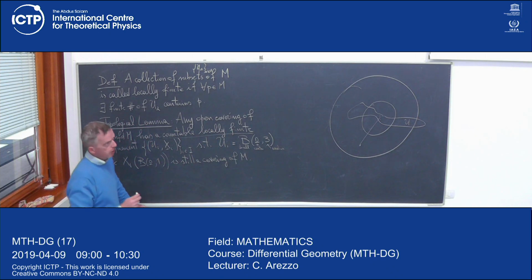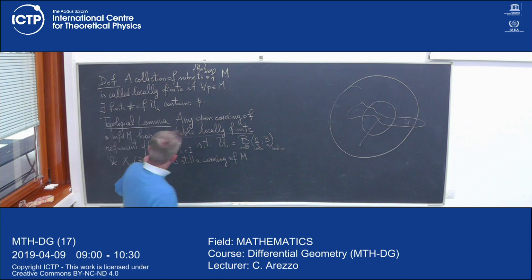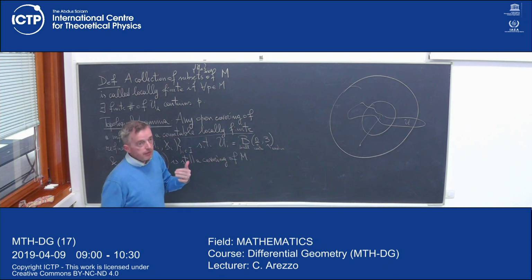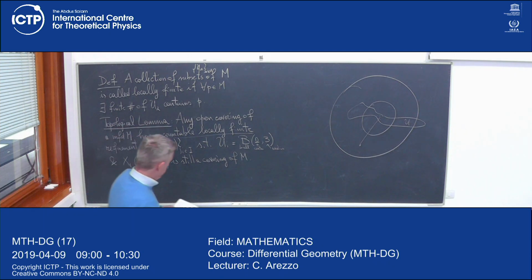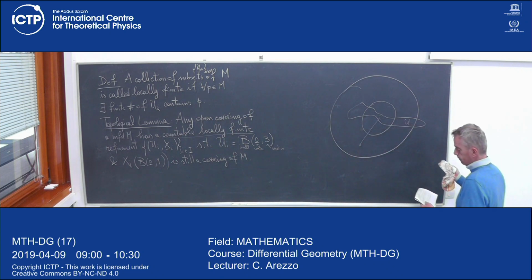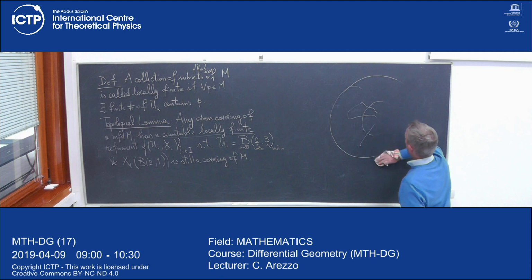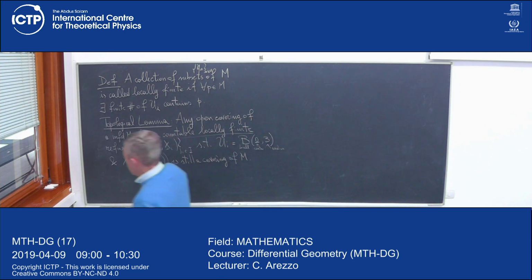So I want to have charts. Of course, xi of ui must cover; this is in the definition of chart. But I want everything to be covered, even if I take a slightly smaller thing. On a manifold, we call this type of covering by charts a regular covering.